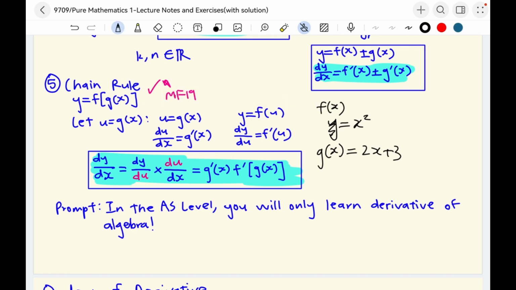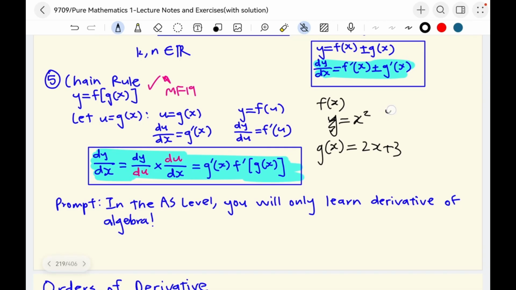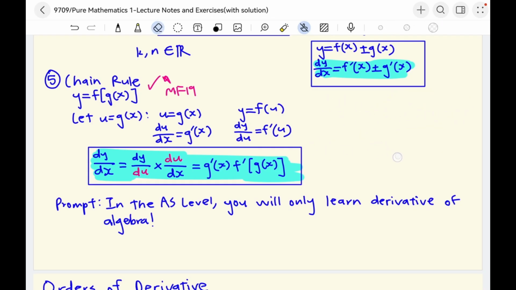I know this is for your understanding. This might confuse you, but try to get it. So for your function, for example, you will get 2x plus 3 and then squared, don't forget, inside the bracket. Something like this will involve the chain rule. Fortunately it exists in your MF19.